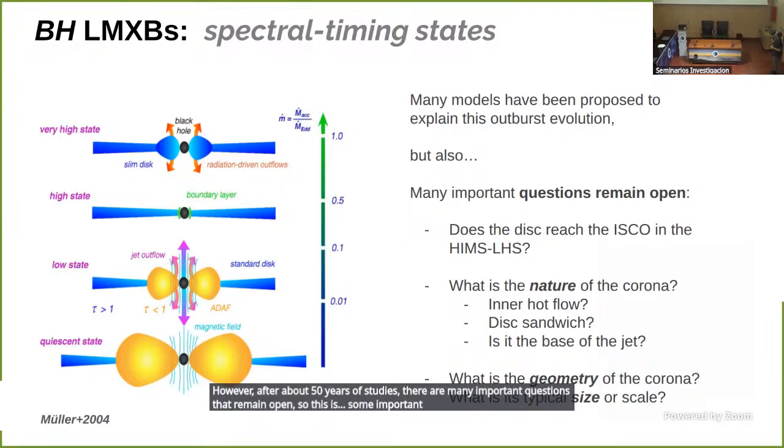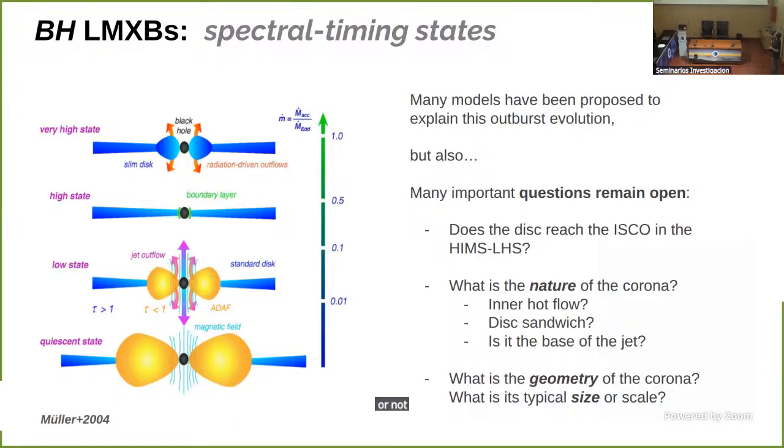The first question that we always discuss in the community when we are talking about these sources is whether the accretion disk reaches the innermost stable circular orbit or not when it goes through the hard states. Also, there is debate about the nature of the corona.